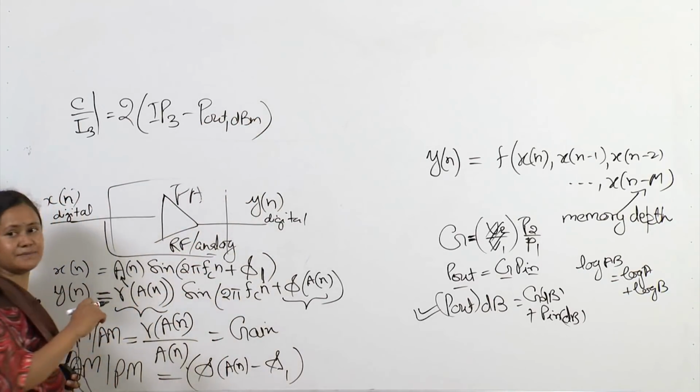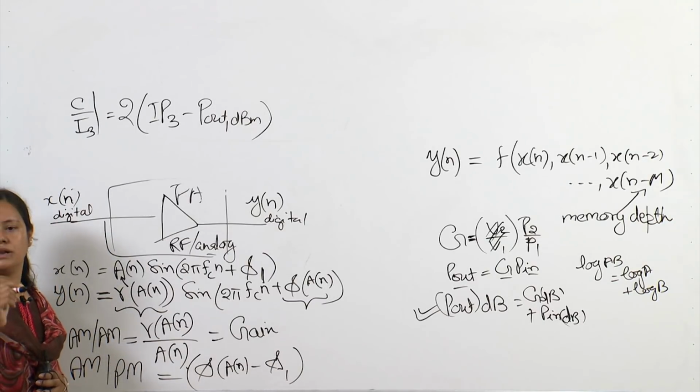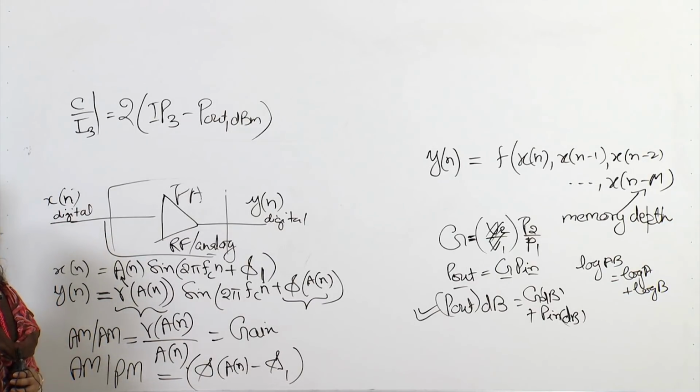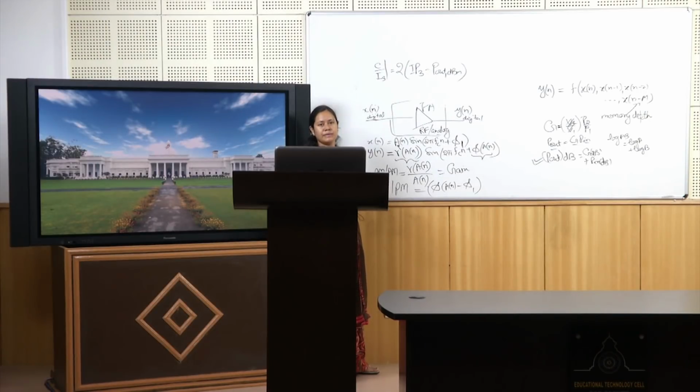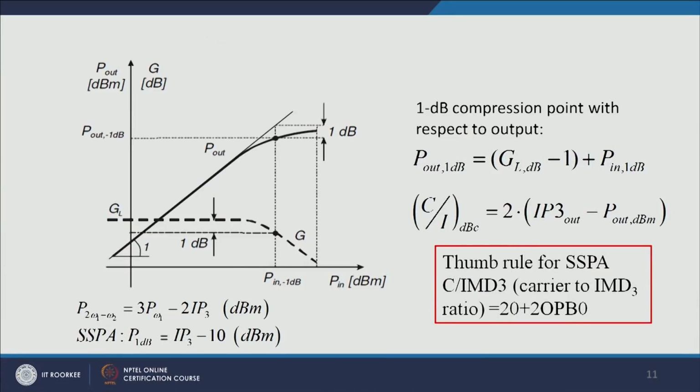So, this was the original expression given there. Now, if we put in our value from the SSPA calculation, we have given a rule of thumb that P1 dB will be equal to IP3 minus 10. So, basically we can say IP3 will be 10 plus P1 dB.